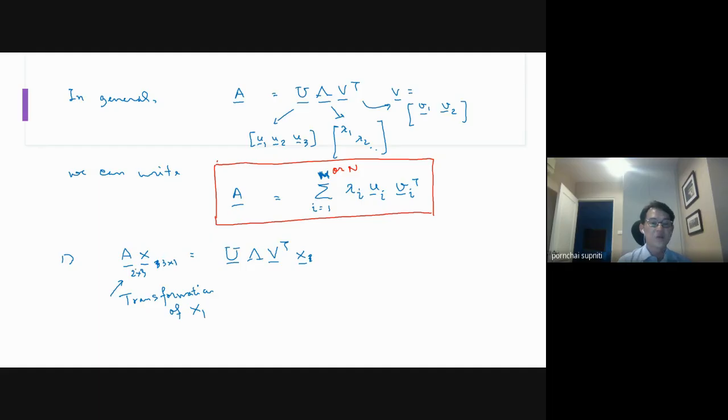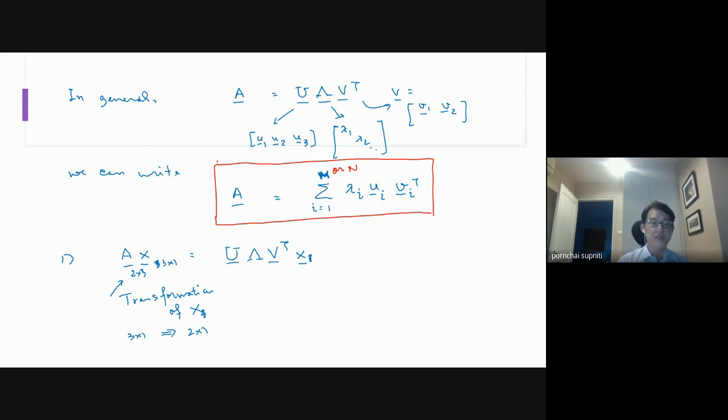So A times x is the transformation or mapping of the x vector, and it changes dimension from 3 by 1 to 2 by 1.